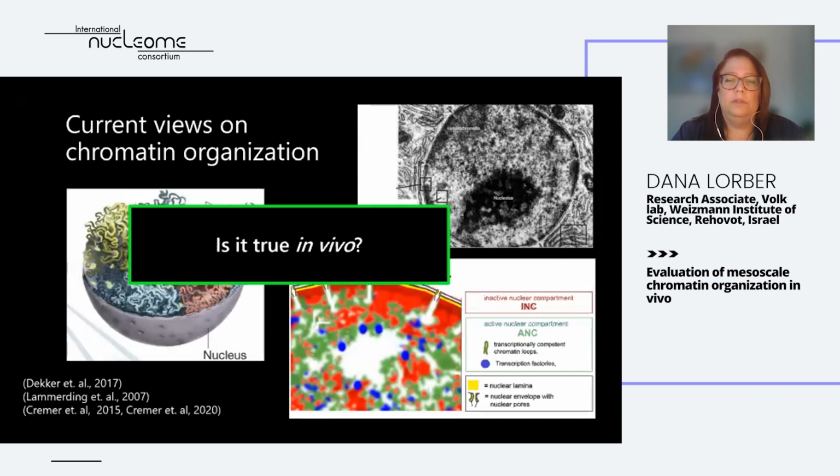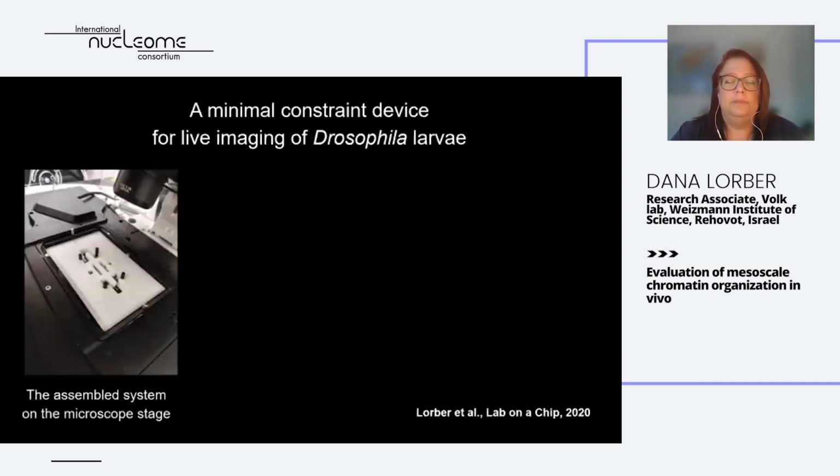To study 3D chromatin organization under physiological conditions, we developed a device that allows us to image nuclei and chromatin in their native tissue in vivo. I designed the minimal constraint device to study stationary and contracting muscles and their nuclei in a live intact Drosophila larva.